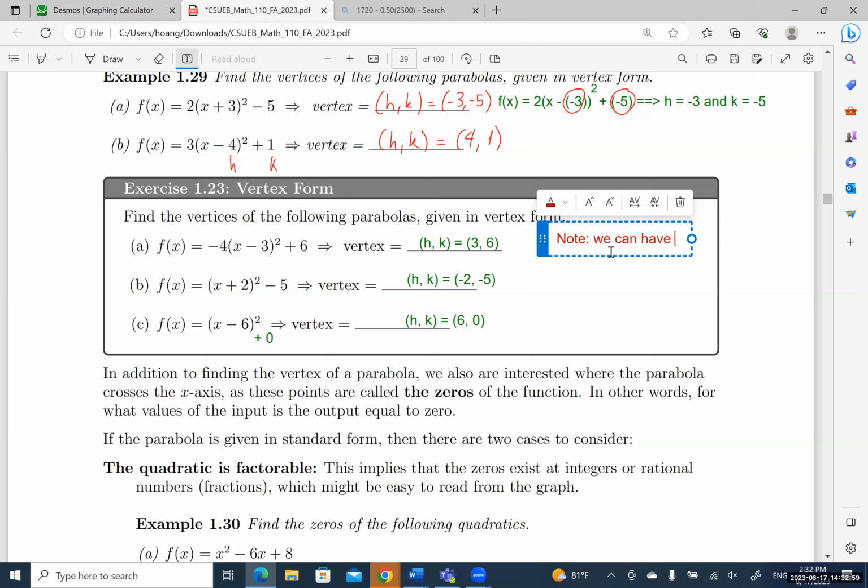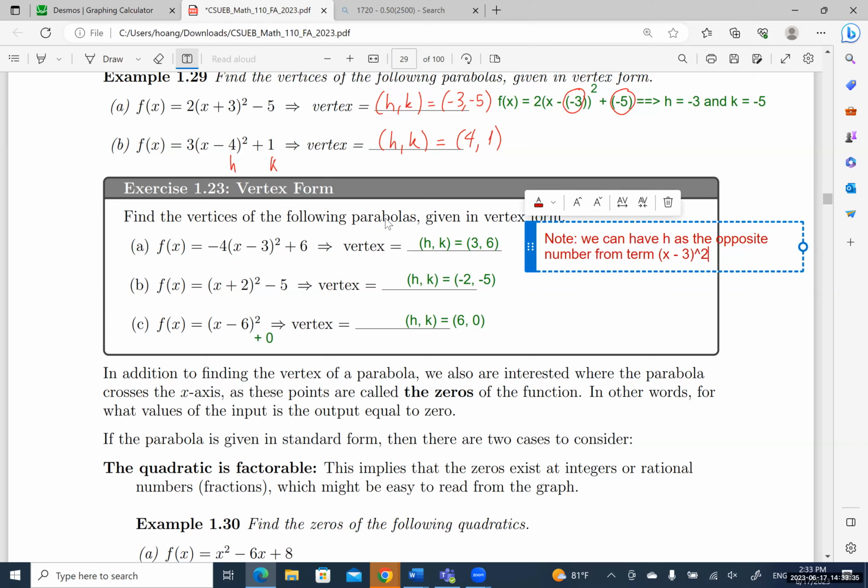We can have h as the opposite number from the square term, from the term x minus 3 squared, something like that, right?